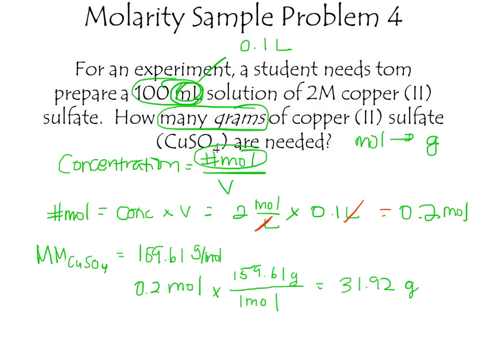If we were to do this in correct sig figs, I should have 30 grams of copper 2 sulfate. That's how much I need to weigh out.